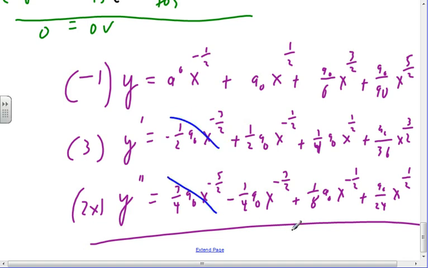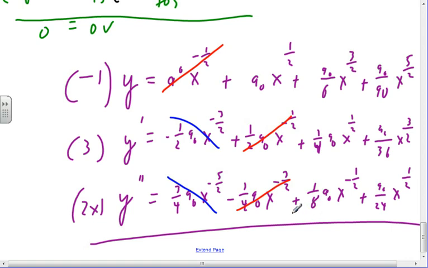I'm looking at x to the minus 1/2. Okay, I've got minus 1 of him, and then I got plus 3/2 of him, and then I've got a minus 2/4, which is also known as a minus 1/2, which is 0. So the x to the minus 1/2 term goes away.